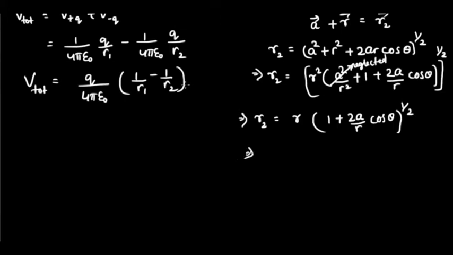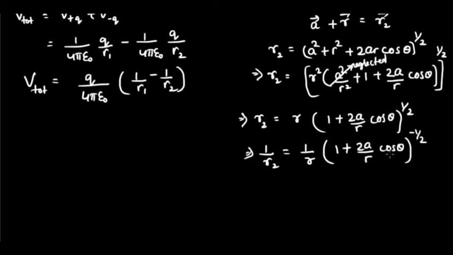But we require the value of 1 by R2. So if R2 is this much, then 1 by R2 will be 1 by R into 1 plus 2A by R cos theta, and the power will be minus half, because when you make the reciprocal, the power will become negative. And look at this bracket term. We have 1 plus 2A by R cos theta.